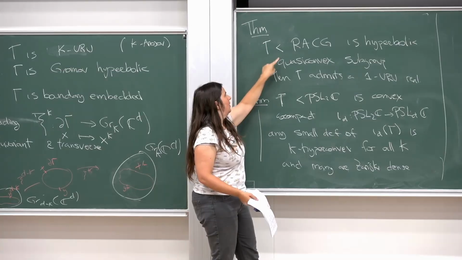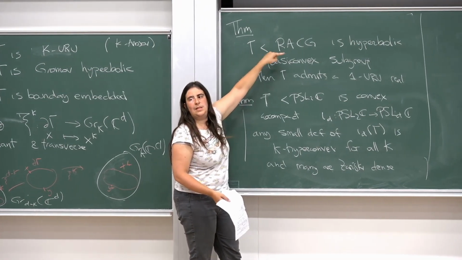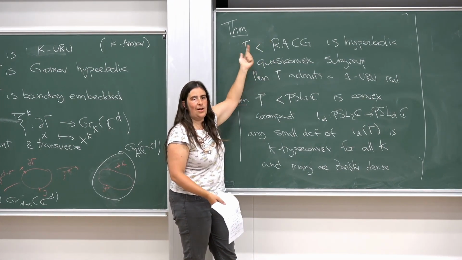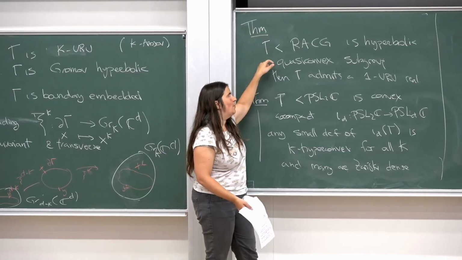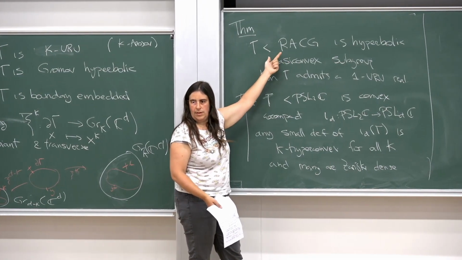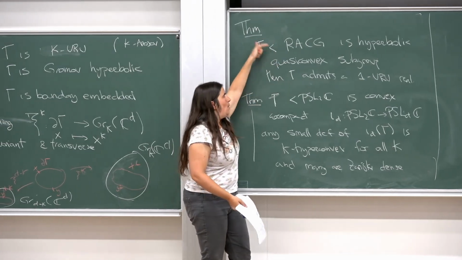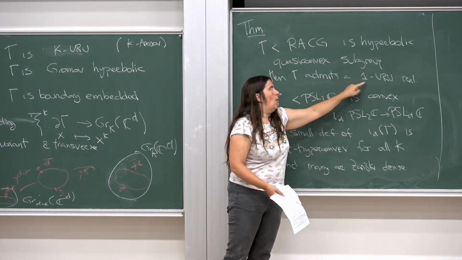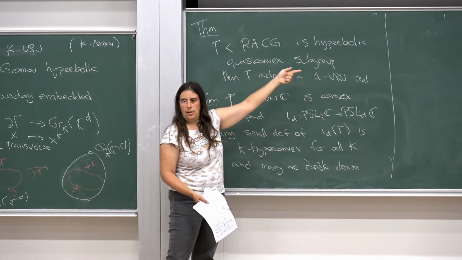Here, the abstract type of the group is very broad. Lots and lots of hyperbolic groups are quasi-convex subgroups of right-angle Coxeter groups. We've seen this already. And then we have many families of just one URU representation.